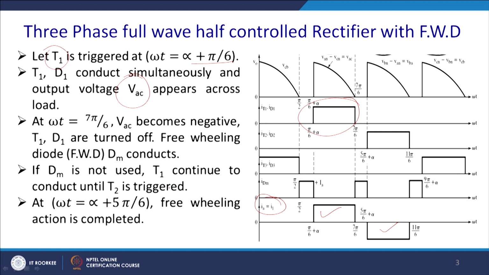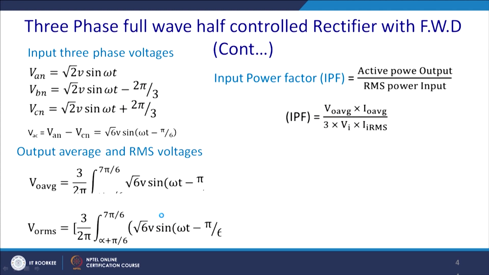If DM is not used, T1 continues to conduct until T2 is triggered, and thus you will have a negative portion in the load voltage, and this will degrade the power factor. At omega t equal to alpha plus 5 pi by 6, free wheel action again takes place for T2 and D2. Now, we have some parameters to be analyzed.